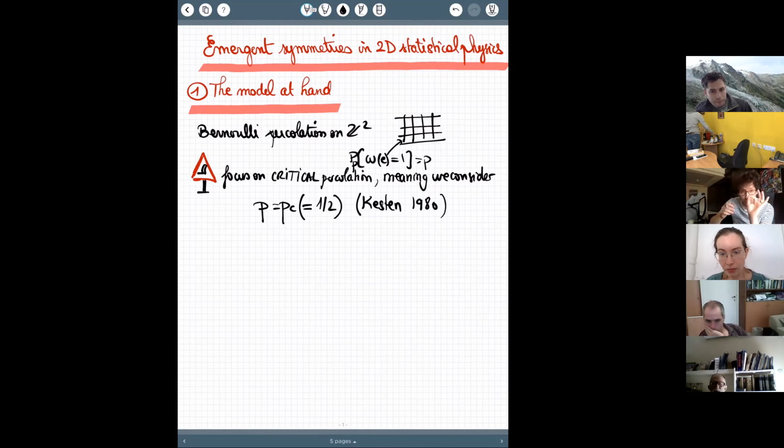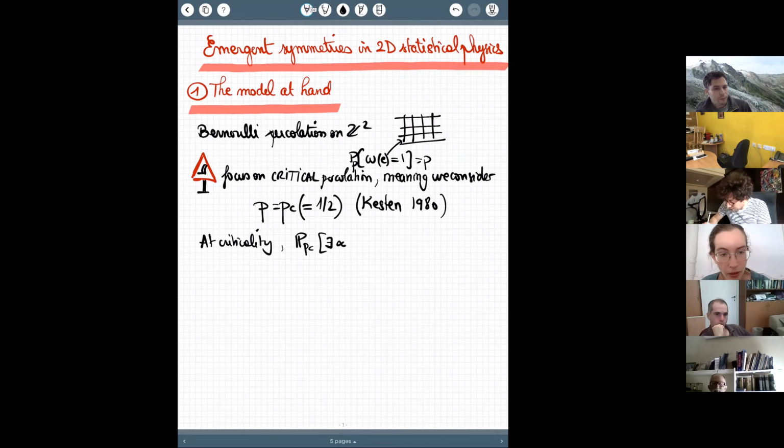So I'm exactly looking at the critical point pc. Okay? And at this critical point, so at criticality, several things happen. In particular, the probability that there exists an infinite connected component in omega is 0.